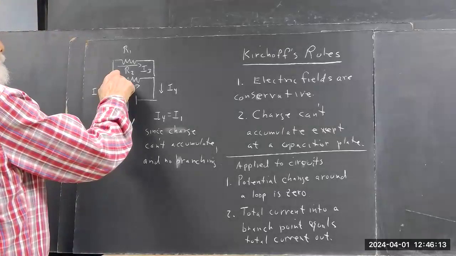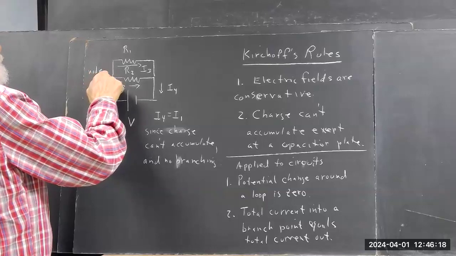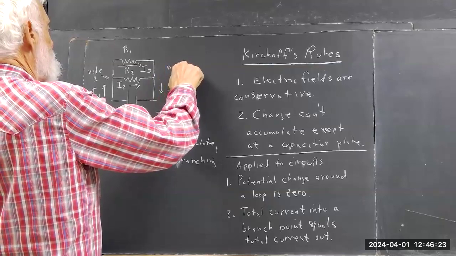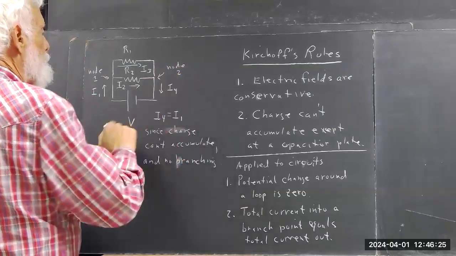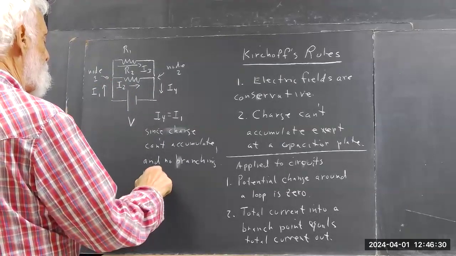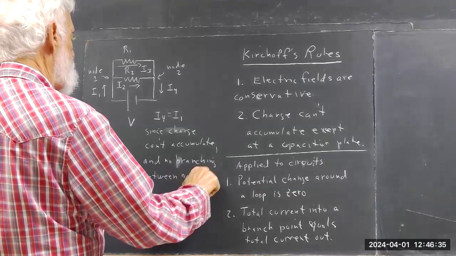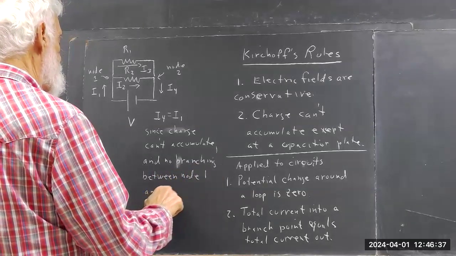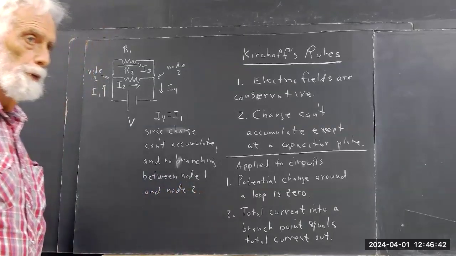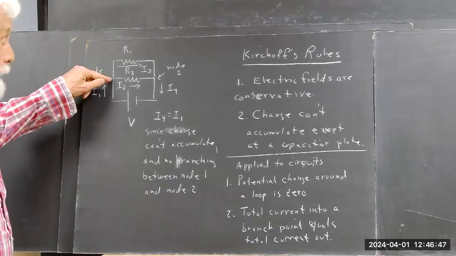I want to talk about this in this note. There's no branching between node 1 and node 2. By a node, I mean a place where the current does branch. Current branches here.